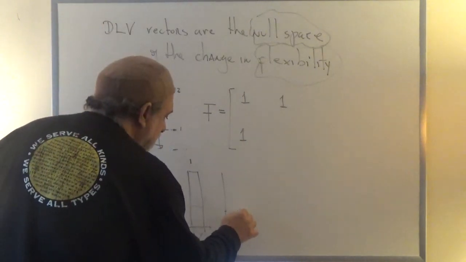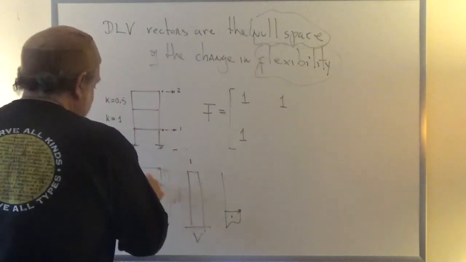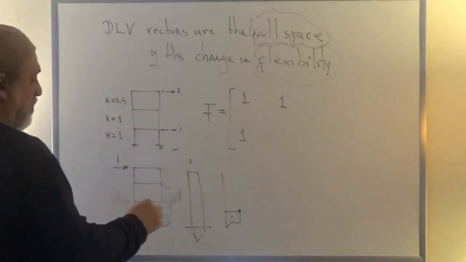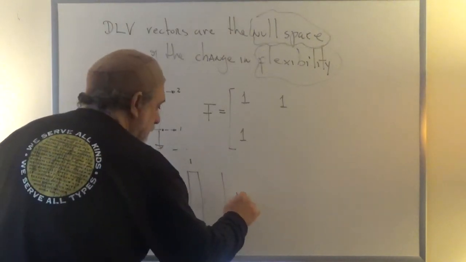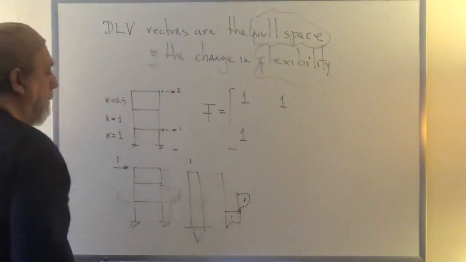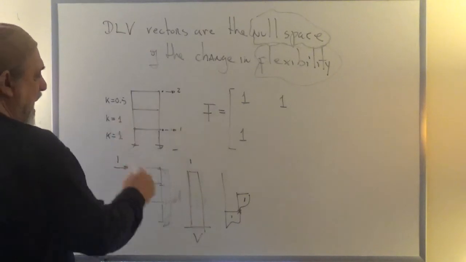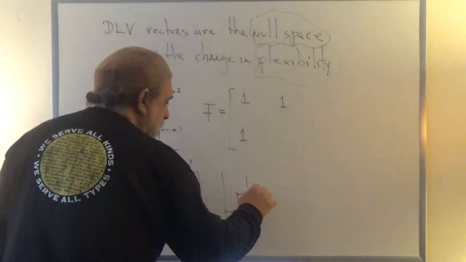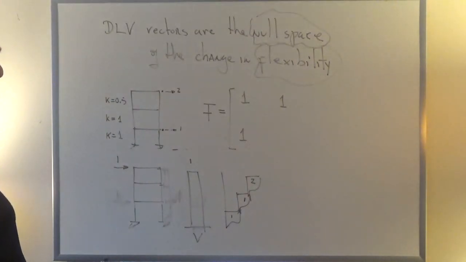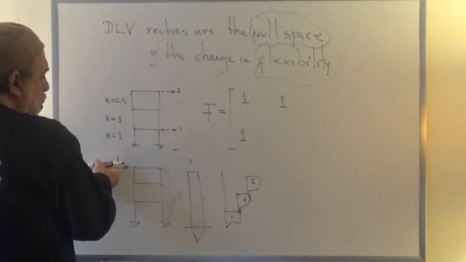So the first level deforms 1. The second level has a shear of 1 and a stiffness of 1, so it deforms 1 more. The third level has a shear of 1 and the stiffness is a half, so it deforms 2 more, right?